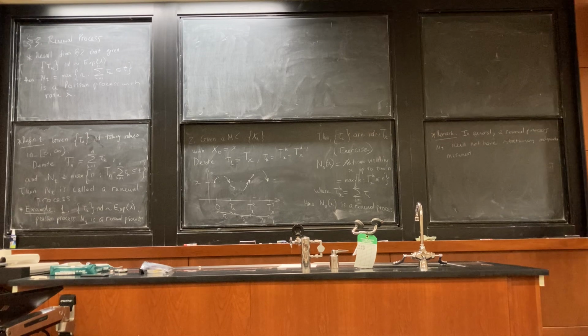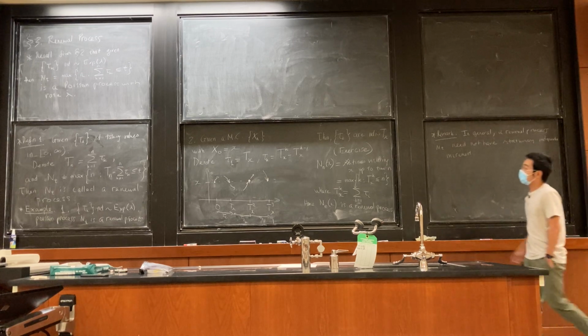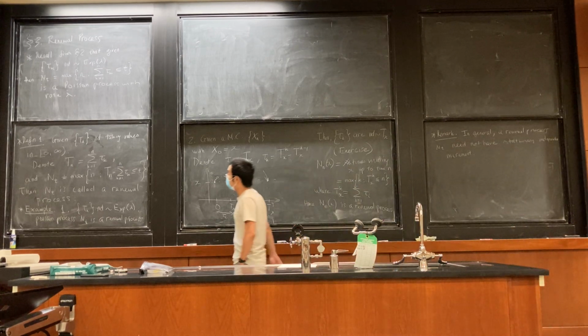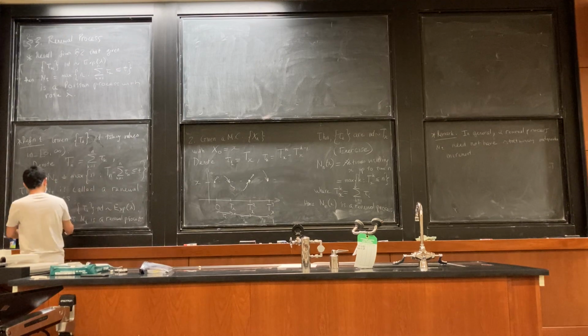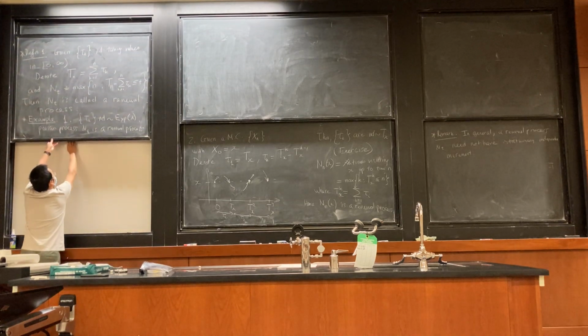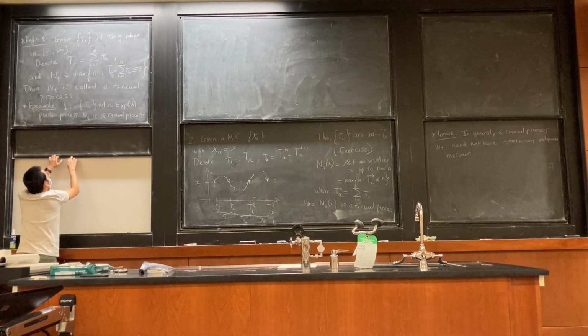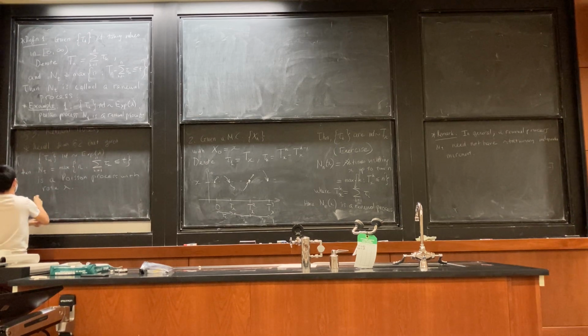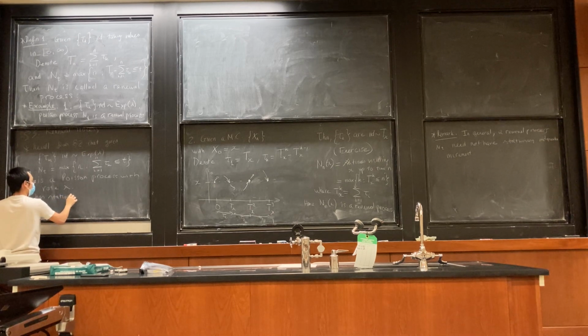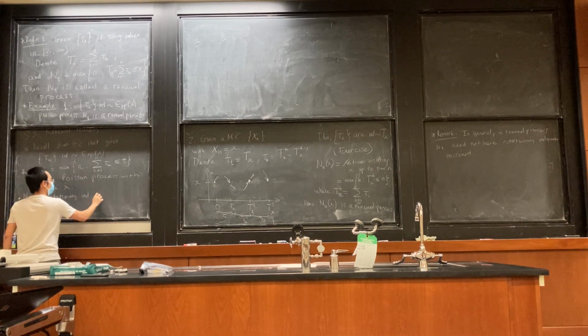This is a little bit different from the particular case of the Poisson process. Recalling the Poisson process has independent stationary increments. So note that the Poisson N_t here has stationary independent increments.